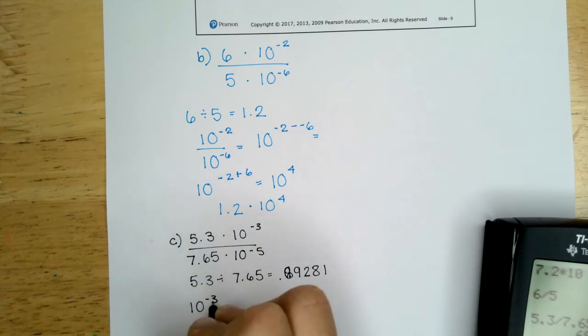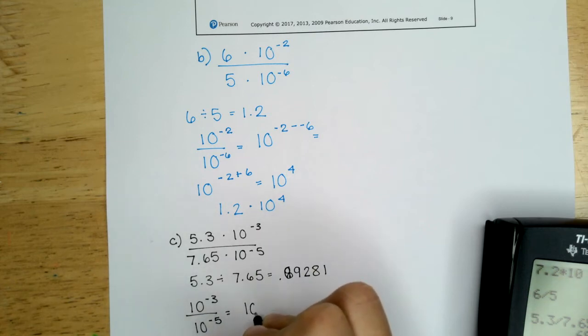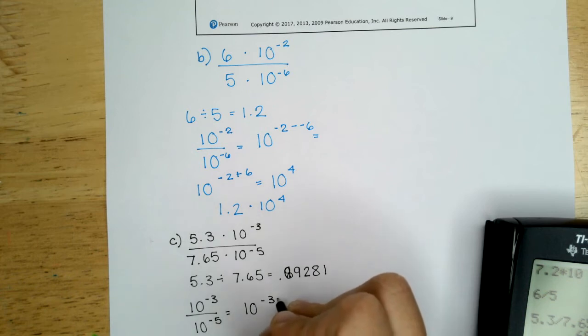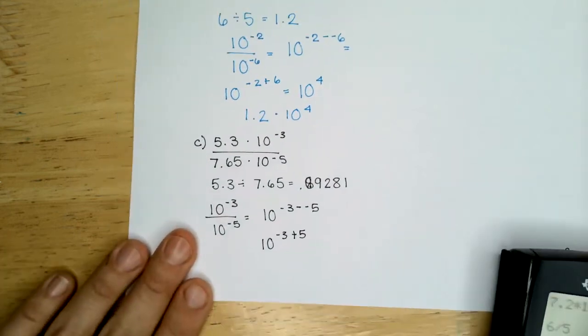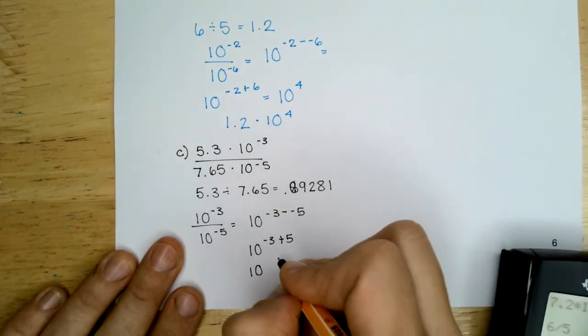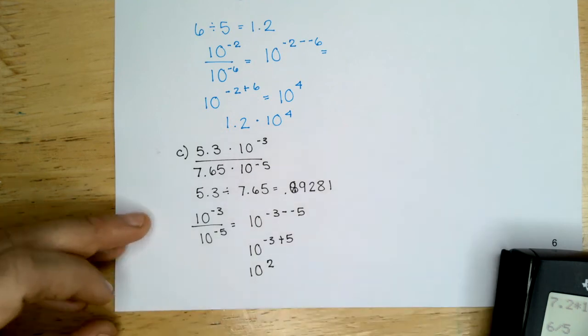10 to the negative 3 over 10 to the negative 5 is 10 to the power of -3 minus -5. Good. -3 minus -5 is the same as -3 plus 5. -3 plus 5 is 2.